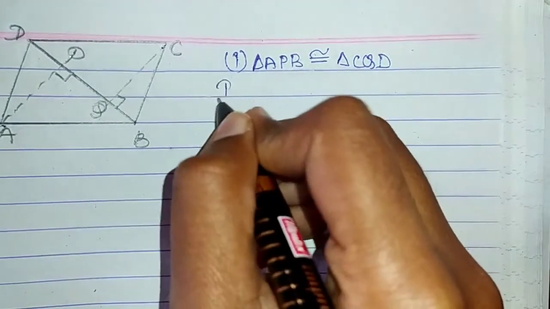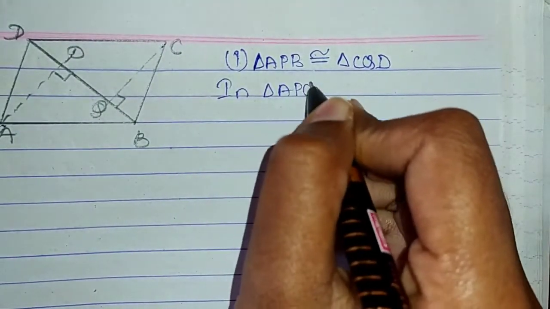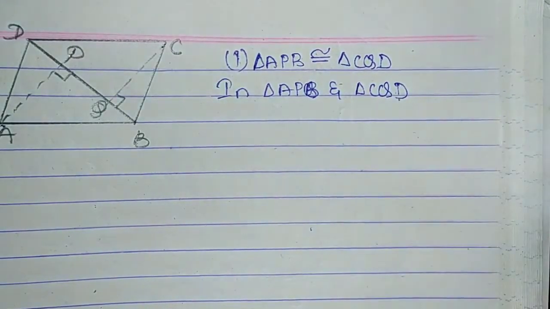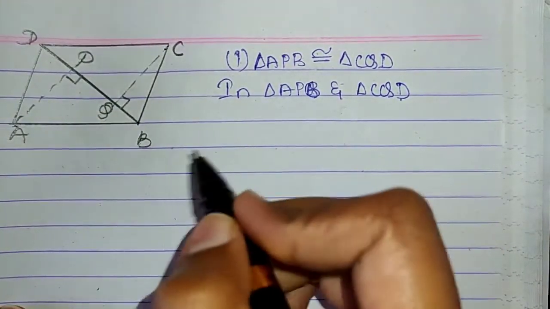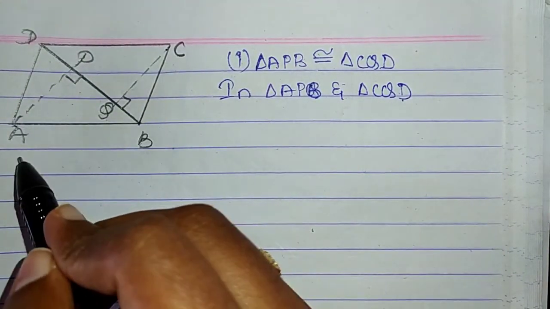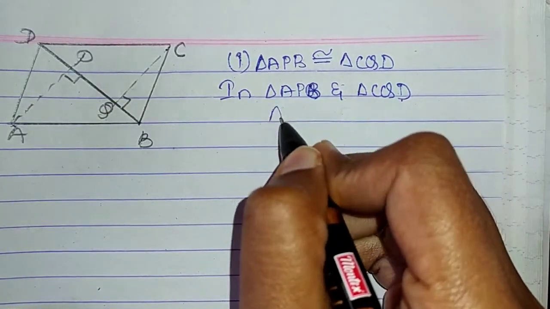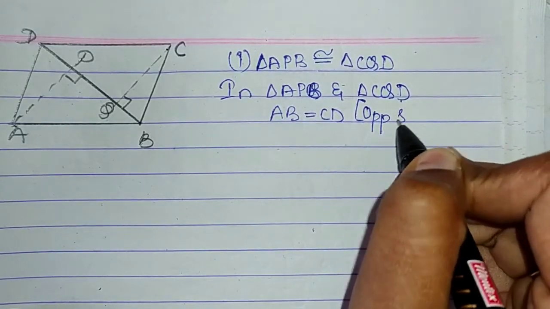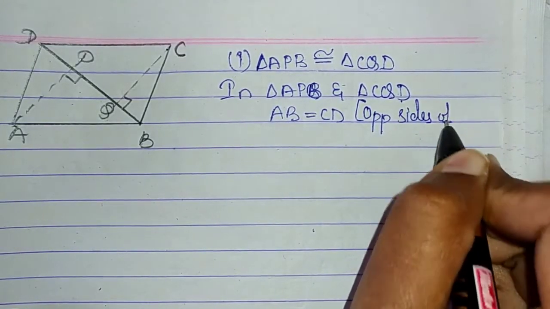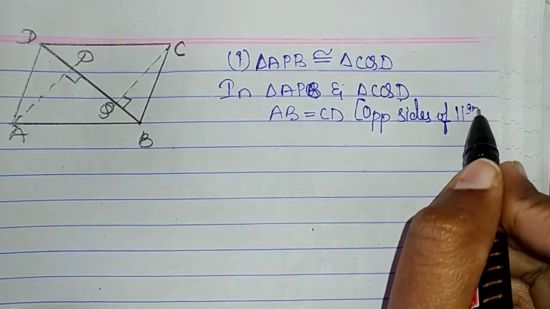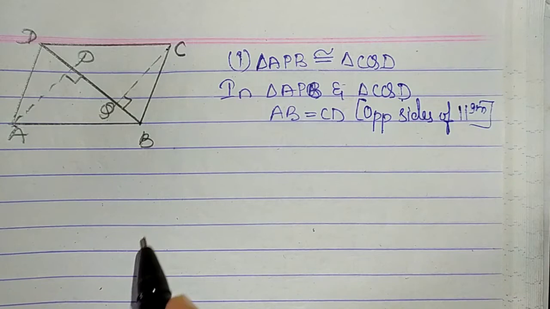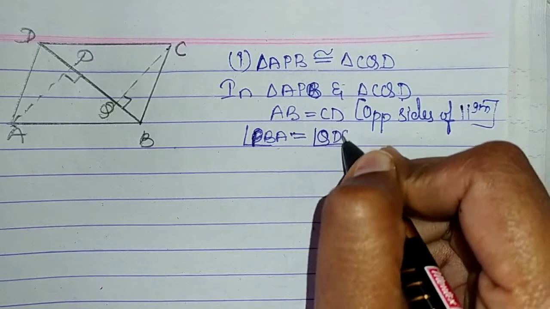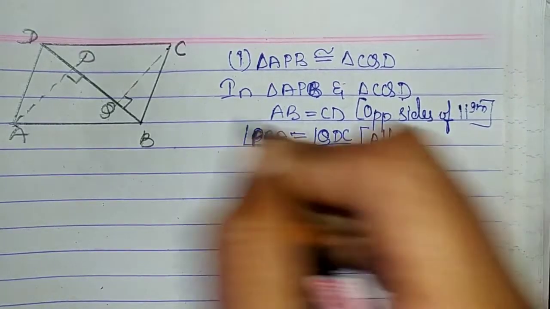To do that, in triangle APB and triangle CQD, AB is equal to CD because they are opposite sides of parallelogram. So they are equal.